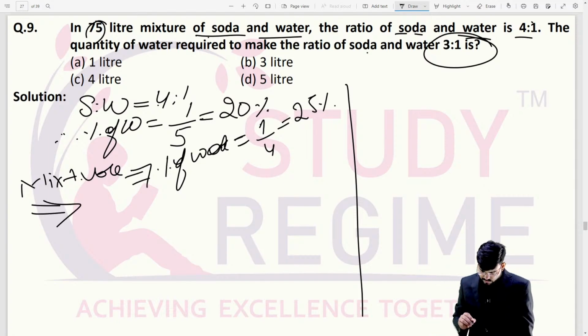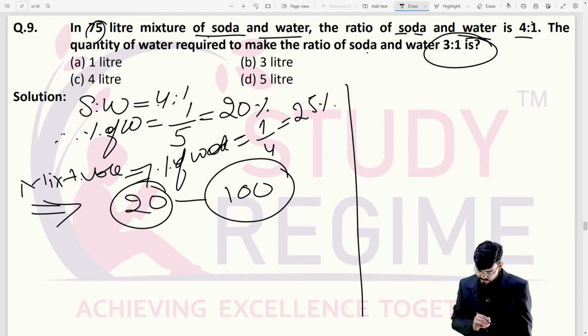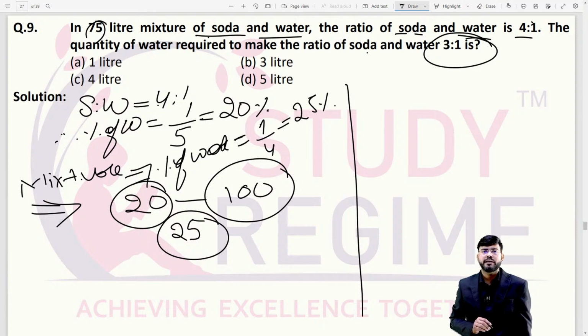Now, what is given? The mixture of soda and water is mixed with how much quantity of water? In the quantity of water, the water will be 100%. I can write it down like this: 20, 100. The first quantity is 20, the other one is 100, and the resulting mixture contains 25%. It is given. Clear?